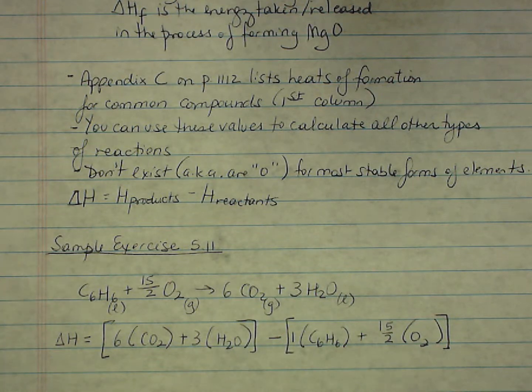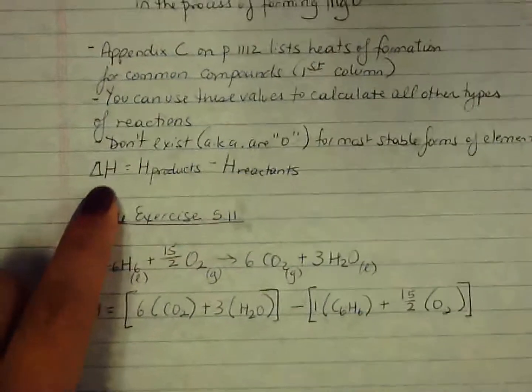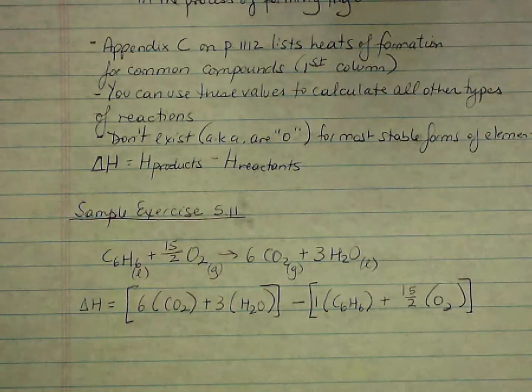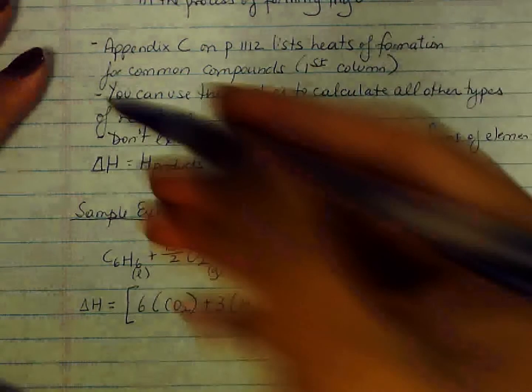And if you look here, here are my products. So I've got carbon dioxide. These numbers that you pull from the back of the book are in kilojoules per mole. The equation says that you make 6 moles of carbon dioxide.